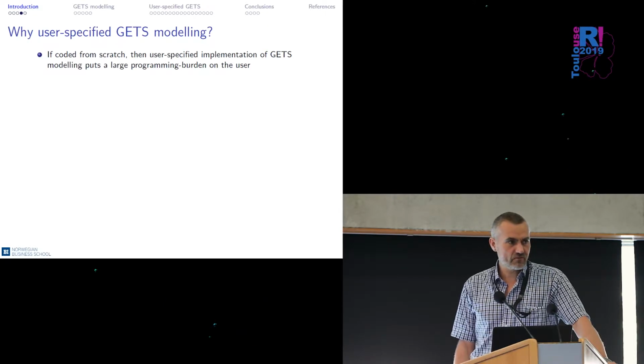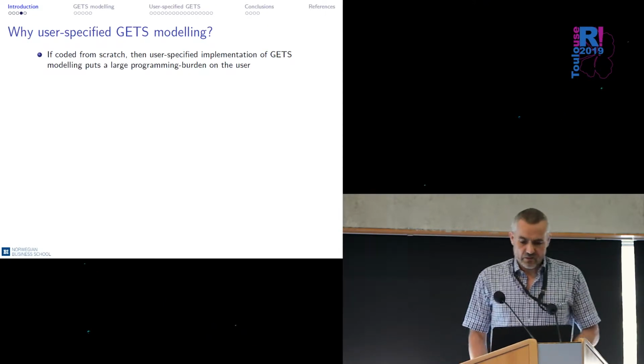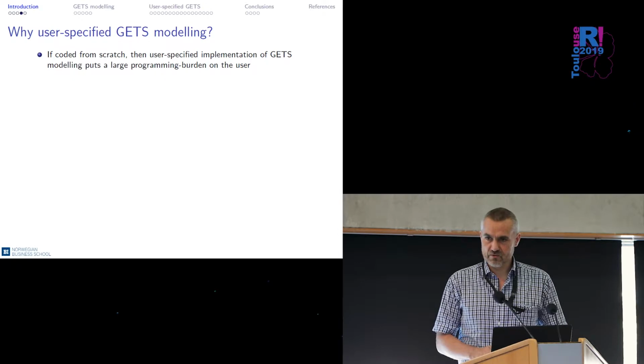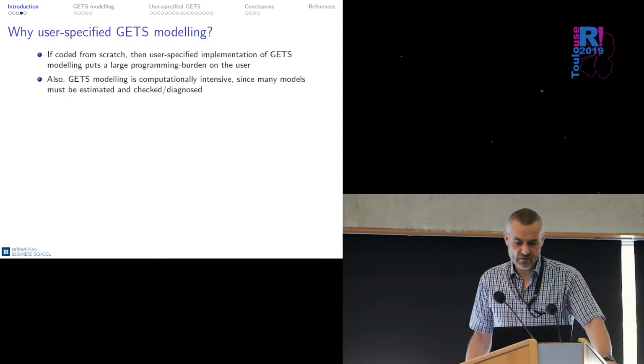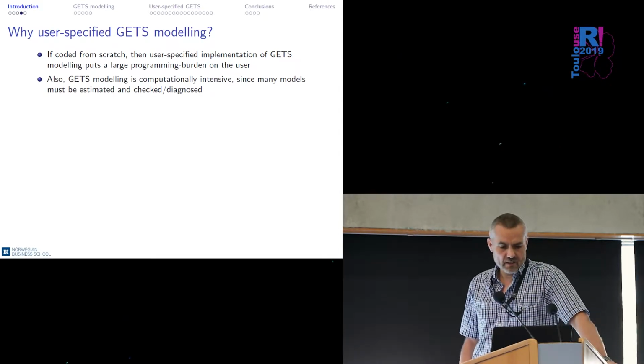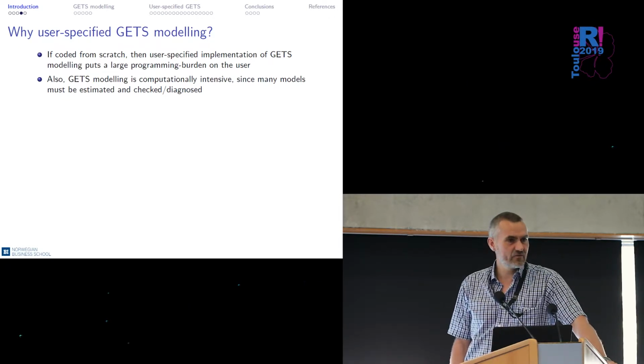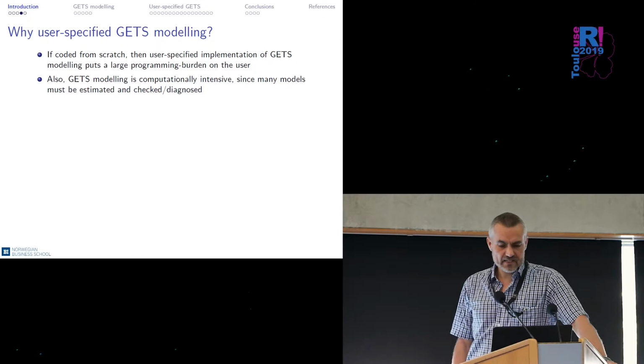So why user-specified Gets modeling? Well, if coded from scratch, user-specified implementation of Gets modeling puts a large programming burden on the user. In addition, Gets modeling is computationally intensive. I guess that's the main drawback with it, since many models must be estimated and checked and/or diagnosed.